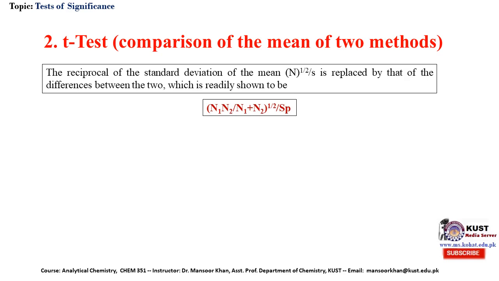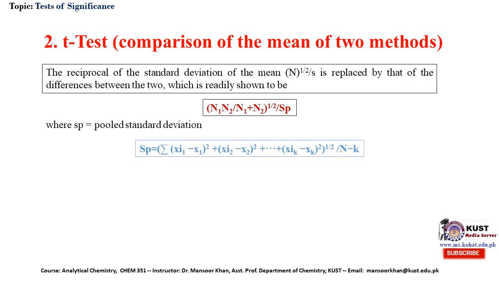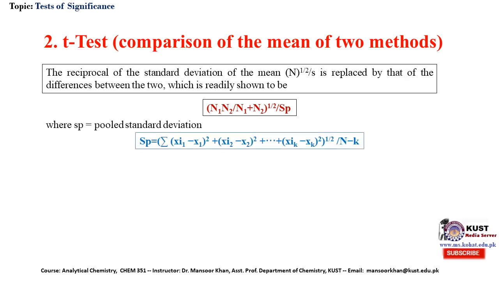square root of n1 n2 divided by n1 plus n2, divided by the pooled standard deviation, where Sp is the pooled standard deviation. The pooled standard deviation is equal to the square root of the summation of xi minus x whole square plus xi2 minus x2 whole square plus xik minus xk whole square, divided by n minus k.